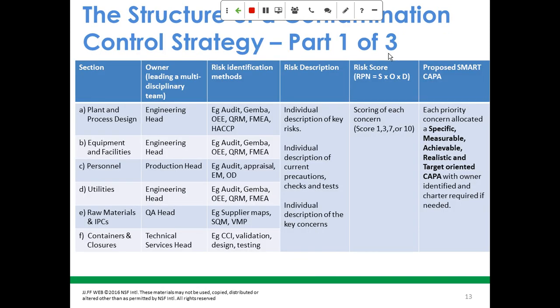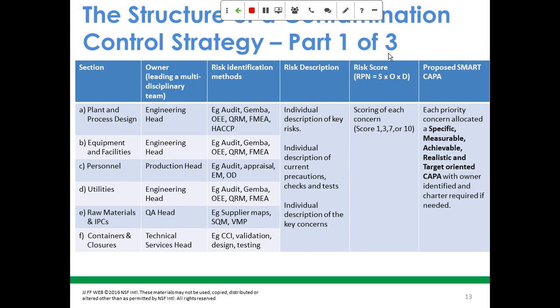So if you go to slide 13, there are now 3 tables that try to describe from the draft Annex 1 how you might structure a contamination control strategy. So if you look at column 1, you'll see the various sections across the 3 slides from A to O that gives you the subject areas that are required to be assessed.